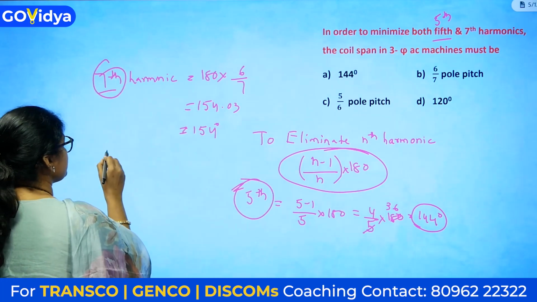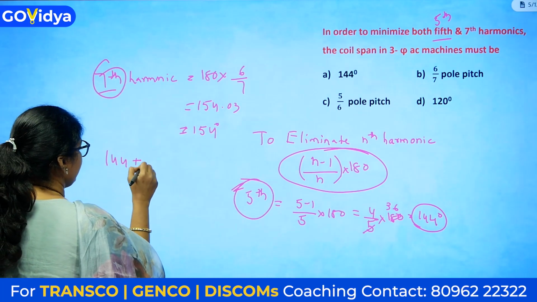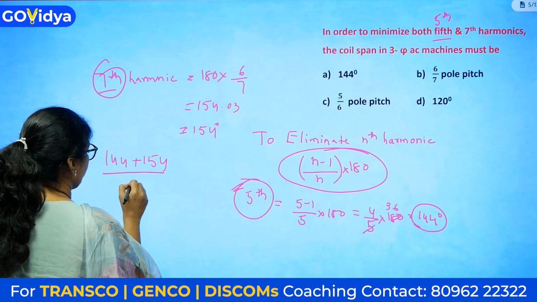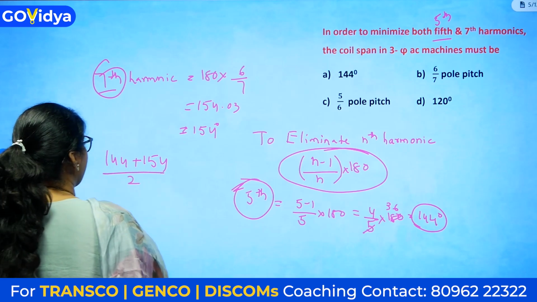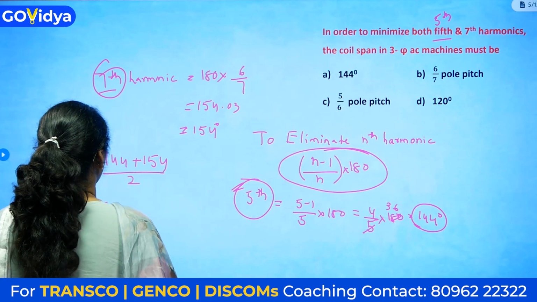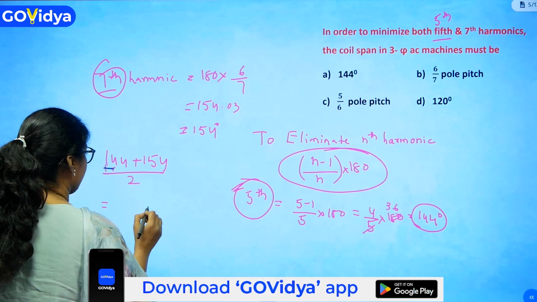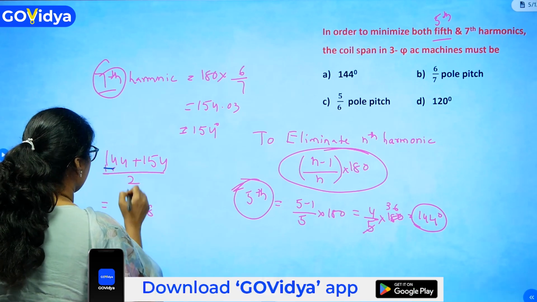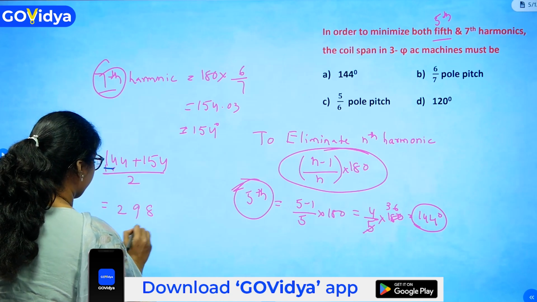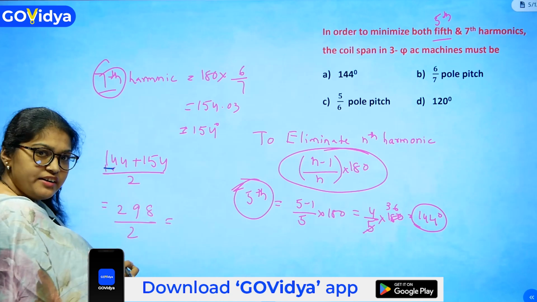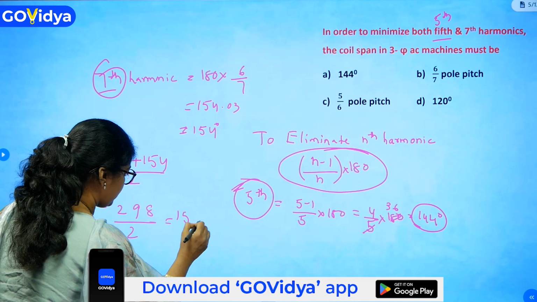So 144 plus 154 by 2. 144 and 154, the sum is 298 by 2, which is around 150. So I can take 150.